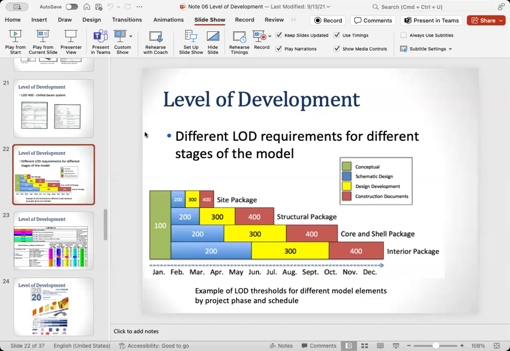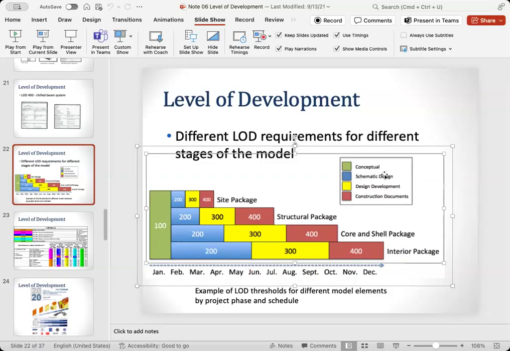When the model is a BIM model, you can see all the green stuff is for the conceptual design, the blue stuff is for the schematic design, the yellow stuff is the design development, and the red stuff is the construction documents. The levels of development range from 100, 200, 300, and 400, right?